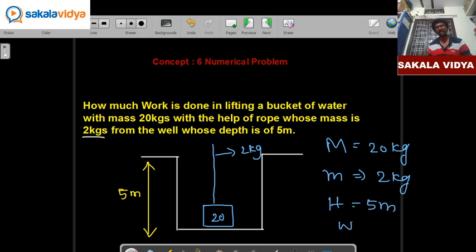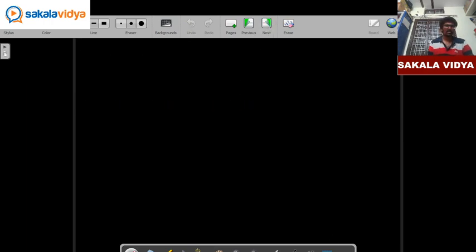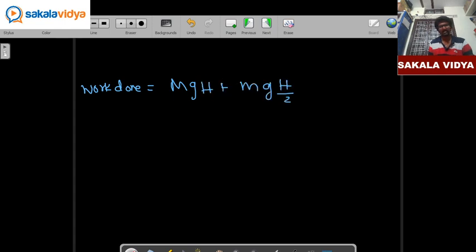So what do I have to calculate here? Work done is equal to how much? I think you know acceleration due to gravity is 9.81. So what is the formula for this? Work done is equal to work done by the bucket plus work done by the rope. So capital M is how much? 20 into 9.81 into, what is the depth?